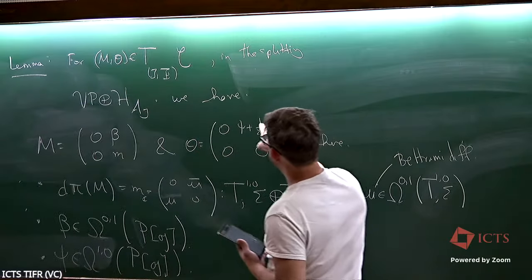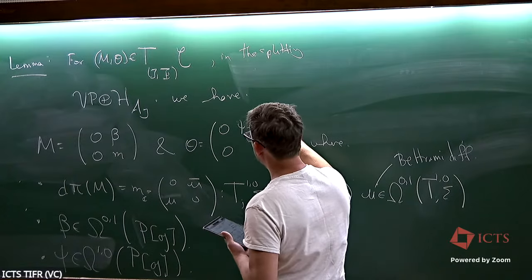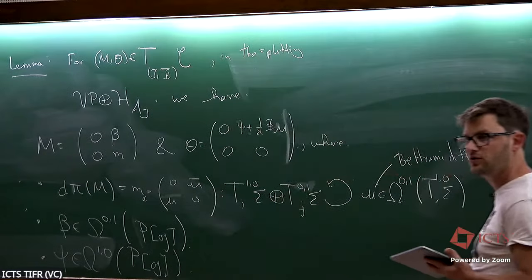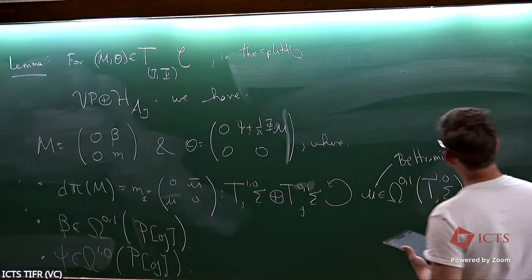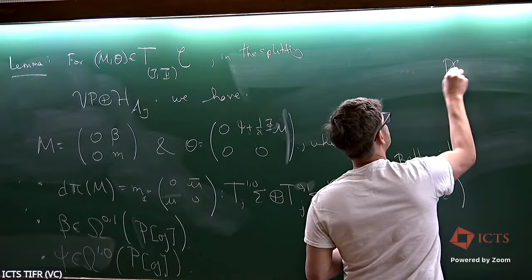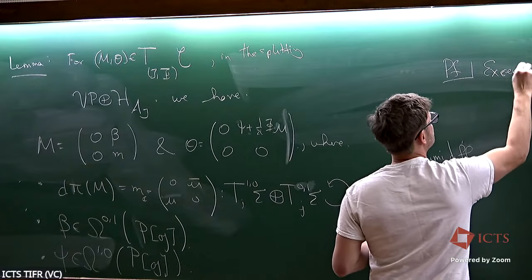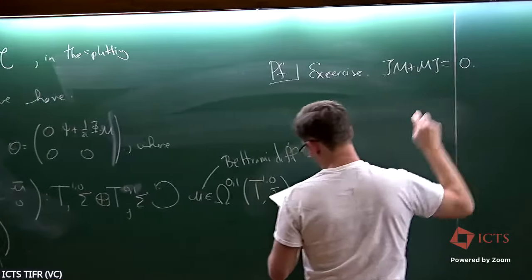Okay, so this is the theta, but theta is decomposed into its (1,0) part and its (0,1) part. Its (1,0) part can be whatever you want, and its (0,1) part, by what we said before, has to be 1 over 2i phi mu. Okay, so the proof I'll leave as an exercise. You should use Jm plus Mj equals 0.